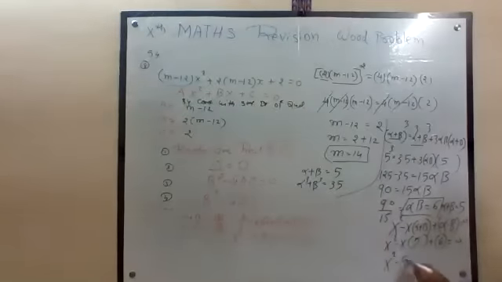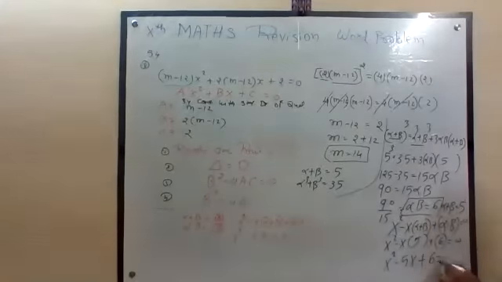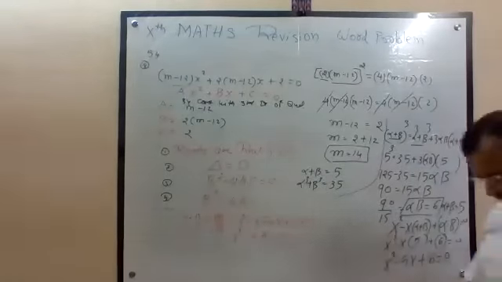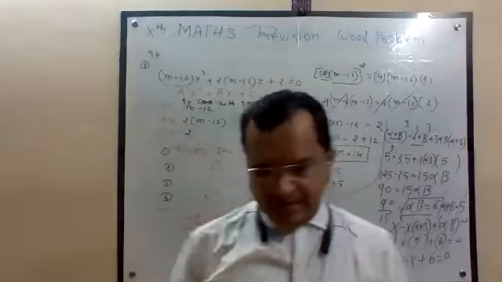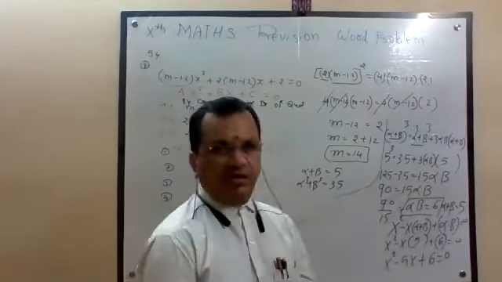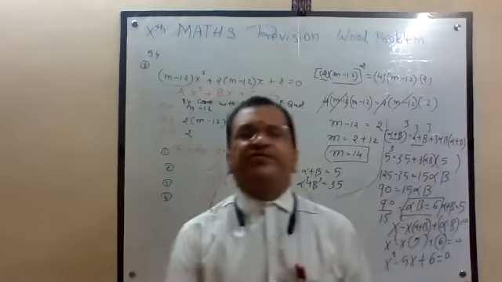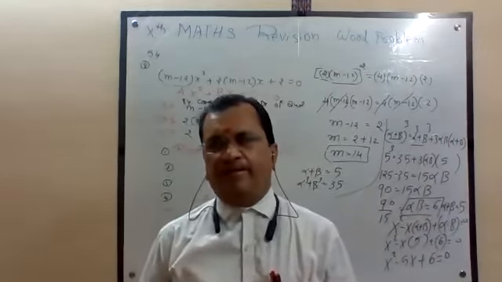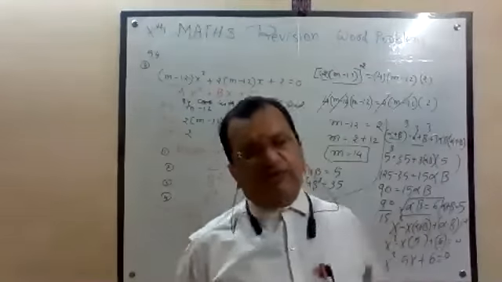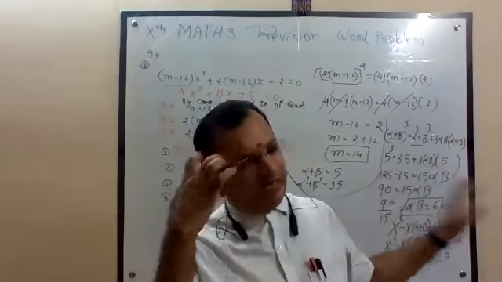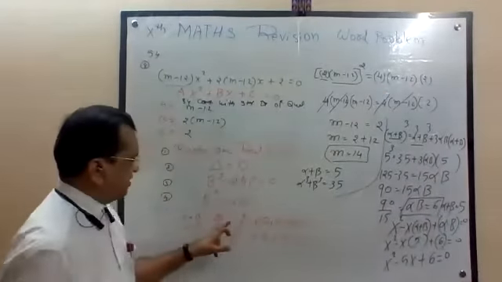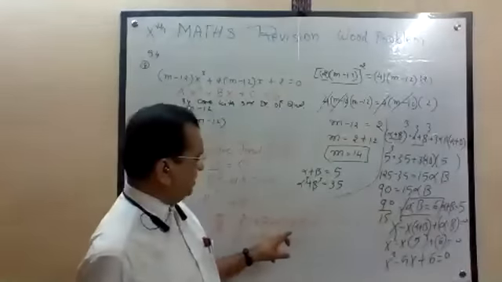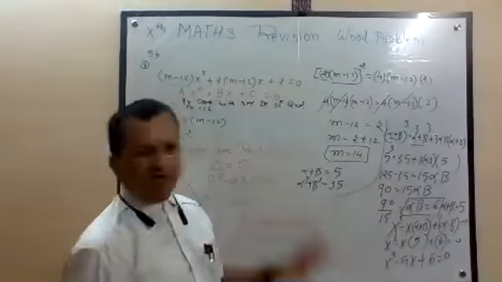So x square minus 5x plus 6 is equal to 0. You need the sum of two numbers and the product of two numbers, and then you have to substitute in the standard equation x square minus x(alpha plus beta) plus alpha dot beta.